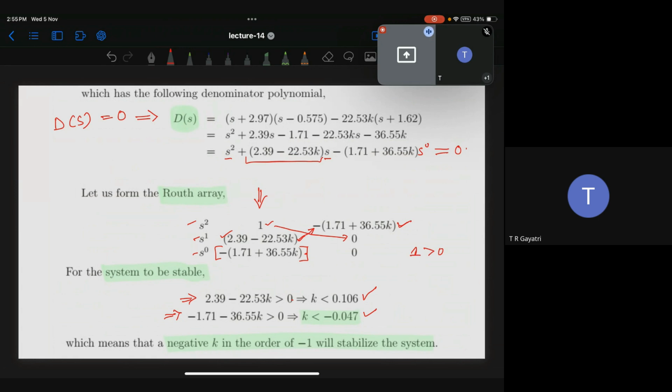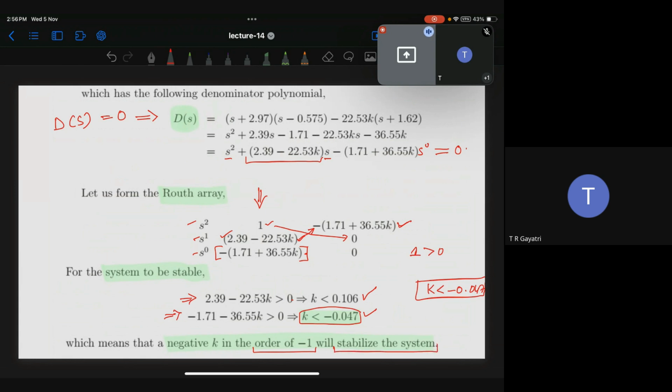So what is the intersection? The intersection will be this. It means the system is stable if you take K less than minus 0.047. Is this clear? Yes, sir. Any value, or you can take in the orders of minus 1, minus 2, etc. That will make your system stable.